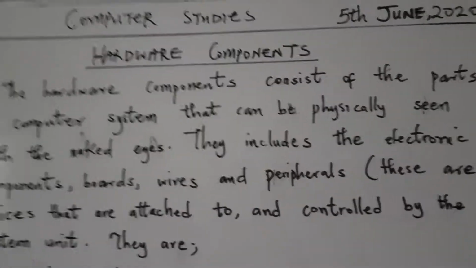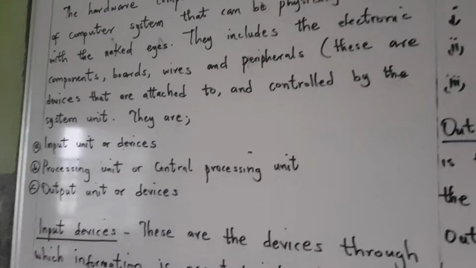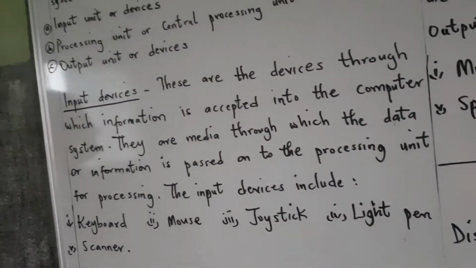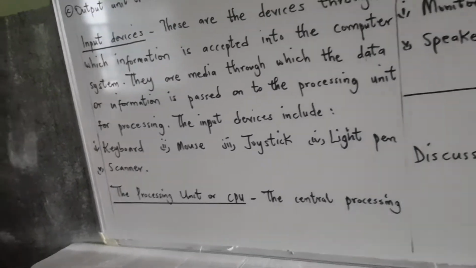The computer needs to receive your information, then process it. So, this part of the device, which is input device, helps us input information into the system.